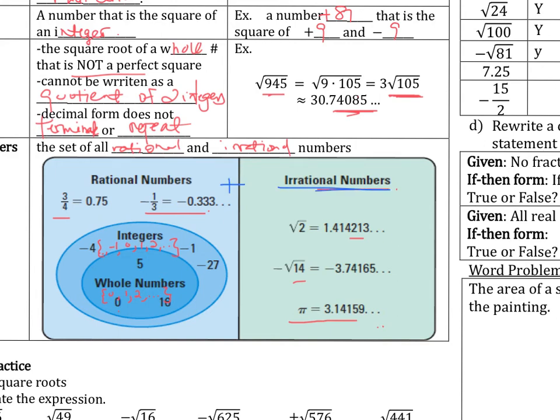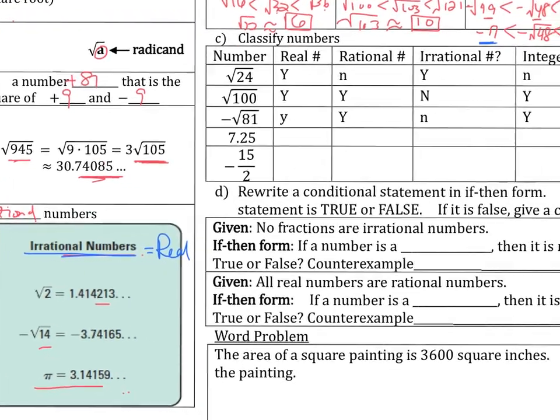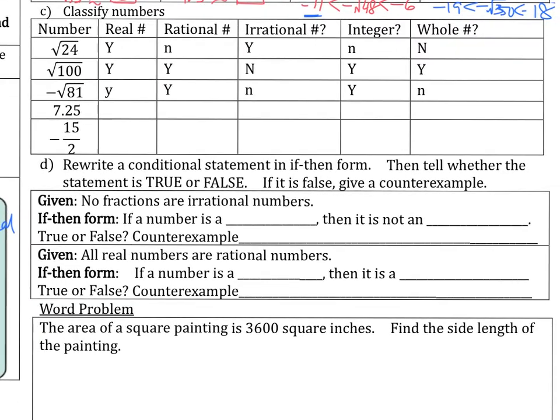Rational plus irrational makes real numbers. And is the square root of 24 a rational number? I would say no. Irrational, yes. Integer, no, because this will become a decimal number. And is it a whole number? No.